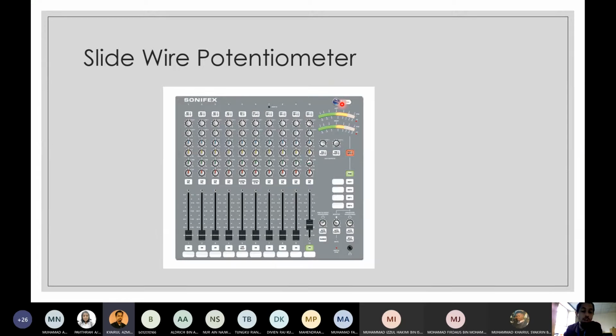So this is an example of a mixing console. To control the volumes and all the variations of the types of sound, we use the potentiometers at the bottom here. Okay, this is one practical example, when we want to control the volume or the audio.